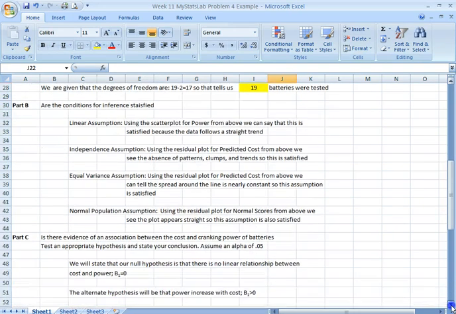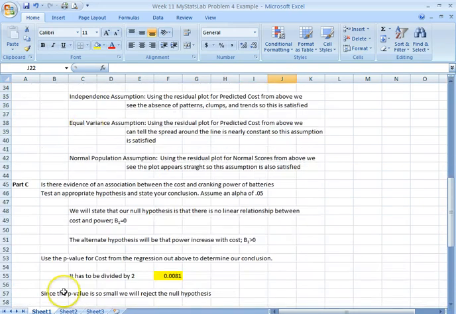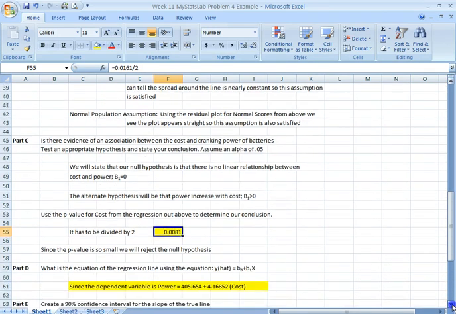We're going to divide that by 2 as I did here, and we get our p-value to be 0.0081. And since this p-value is so small, we know that we will reject the null hypothesis.